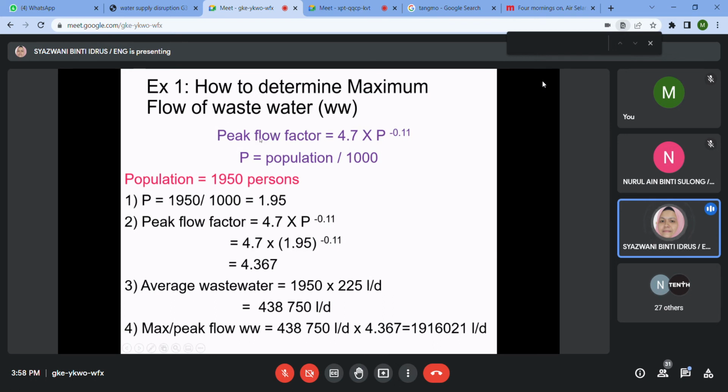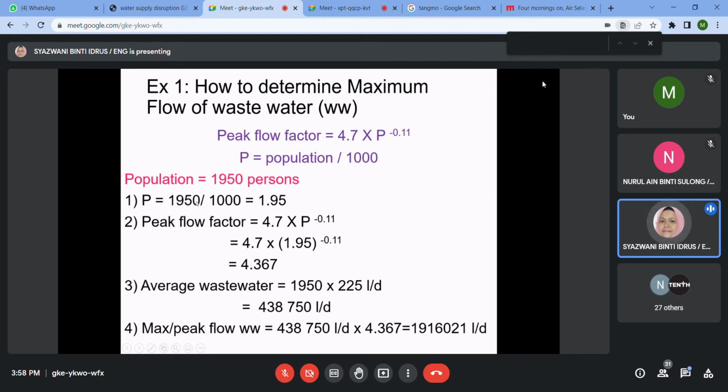First, in purple, the peak flow factor. This is the equation to be used: 4.7 times P to the power of minus 0.11. The population P is calculated as population over 1,000. For example, in this example 1, the population is 1950.